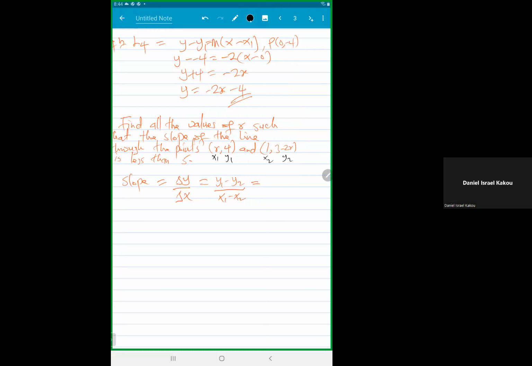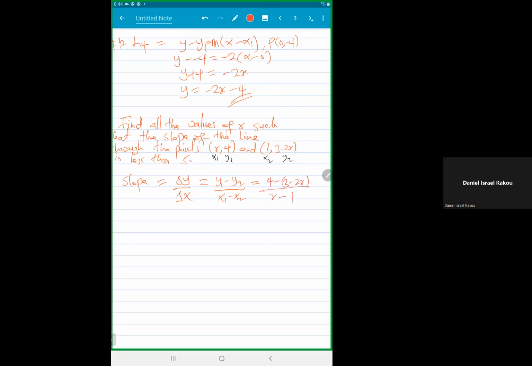So that means I will have 4 minus (3 minus 2r), divided by r minus 1.